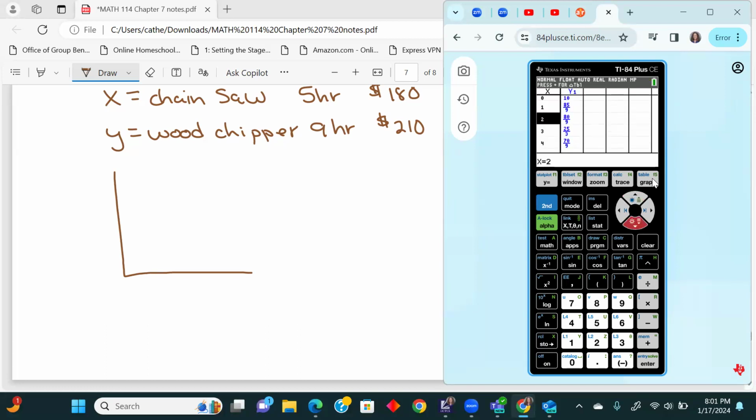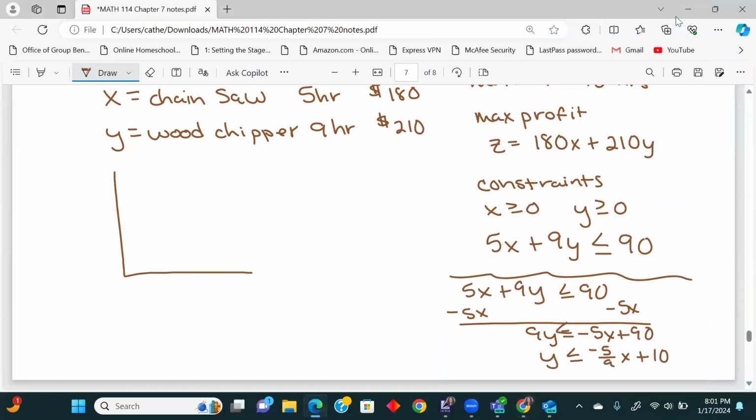Everything has to be positive. So the points are 0, 10 and 18, 0, and that's to graph this one here.